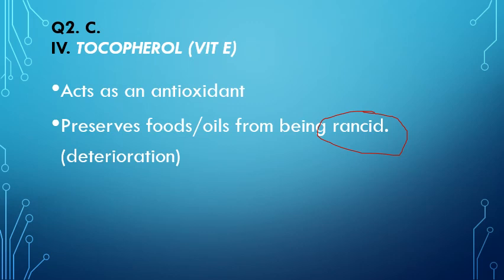When something is at the point of decaying, it starts producing a foul odor or smell. That is what we refer to as rancid. So the vitamin E or the tocopherol helps to preserve food from being rancid. So in one way or the other, it helps to extend the shelf life such that it does not easily get bad.